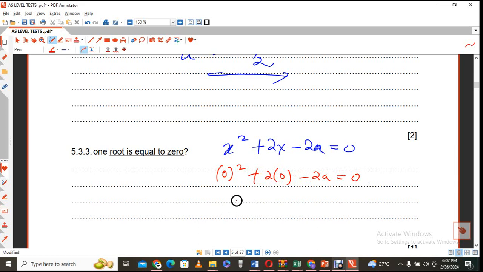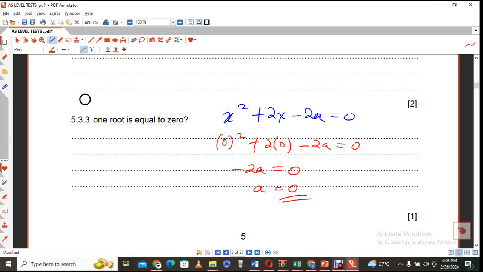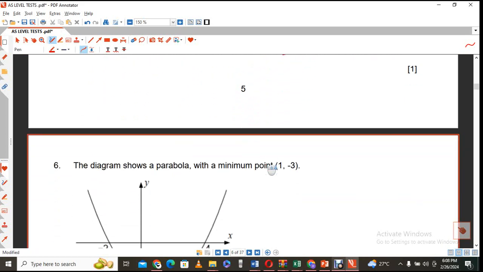Well, you get negative 2a equals 0. So a will be nothing but 0. That is what we are looking at there. Okay, straightforward. When you are told one root is equal to something, you substitute that root in and see what the unknown would be. So minus 2a equals 0. Well, of course, dividing 0 by negative 2 gives you nothing but 0.